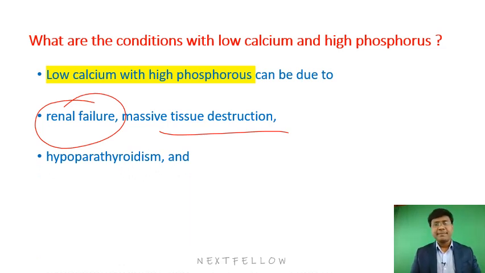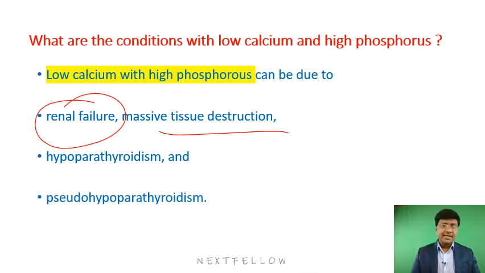And in hypoparathyroidism, why do you have low calcium and high phosphorus? Because when parathormone is not there, bone resorption does not occur, and that is the reason why they have low calcium. And second, please remember, parathormone causes the excretion of phosphate; it inhibits phosphate reabsorption at the level of the renal tubules. Since parathormone is not there, phosphorus reabsorption will occur in the renal tubules, and thereby there will be high phosphorus.